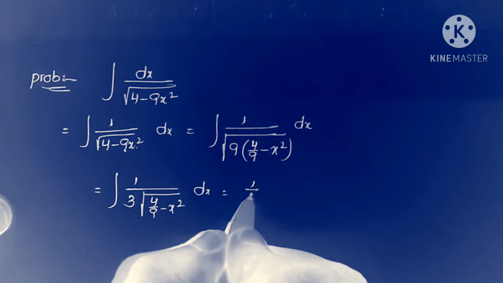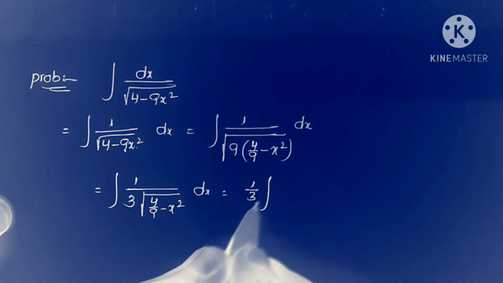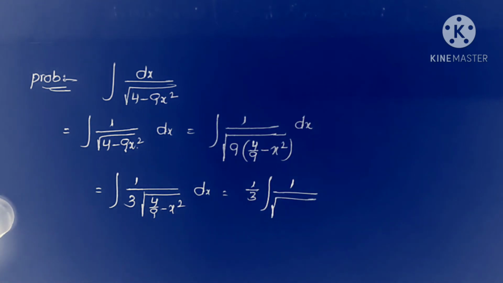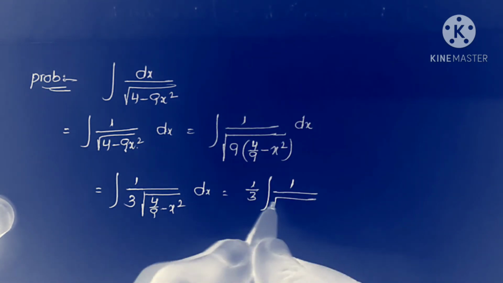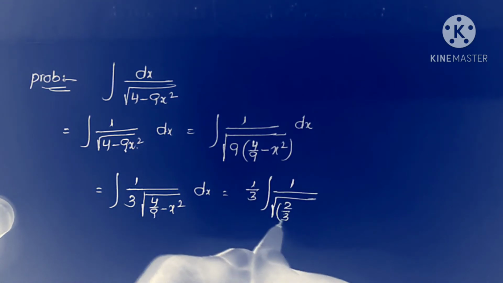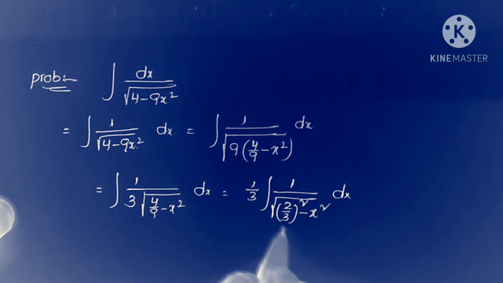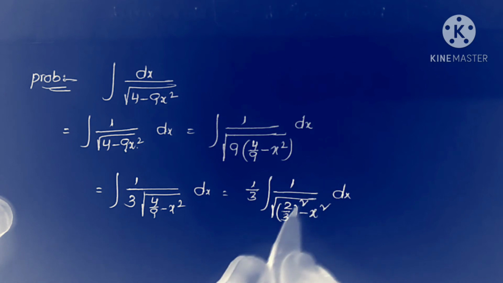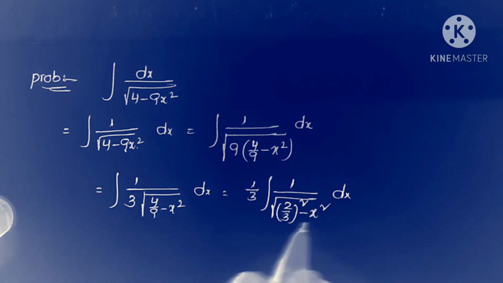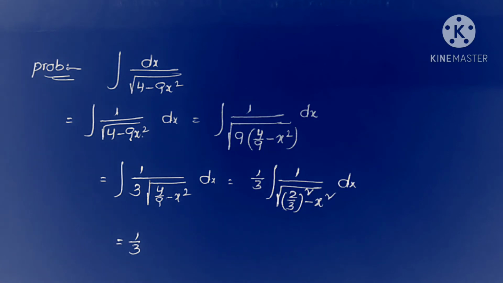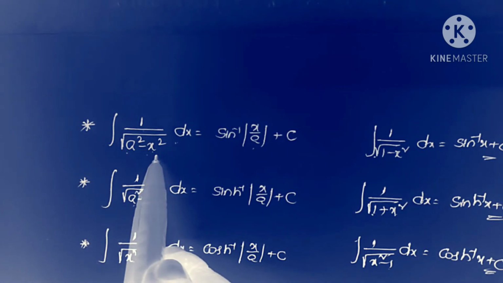This is equal to 1 by 3 as the constant, so writing the constant before the integration, and now writing the remaining values: 1 by square root of 4 by 9, which is 2 by 3 whole square, minus x square into dx, which is in the form of 1 by square root of a square minus x square. And what is the formula for the integral of 1 by square root of a square minus x square?